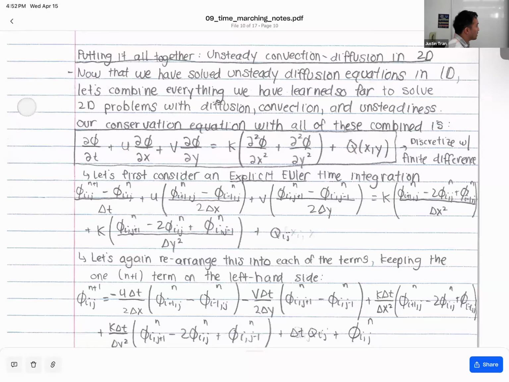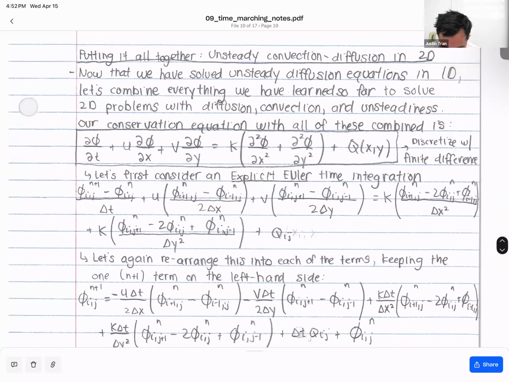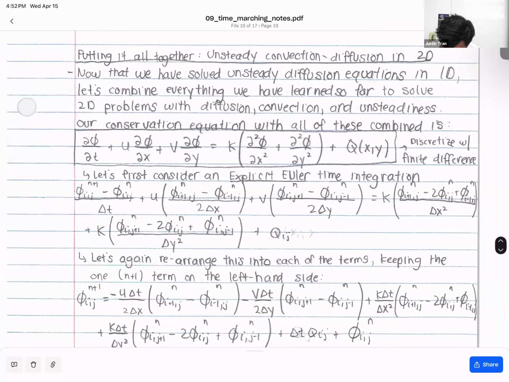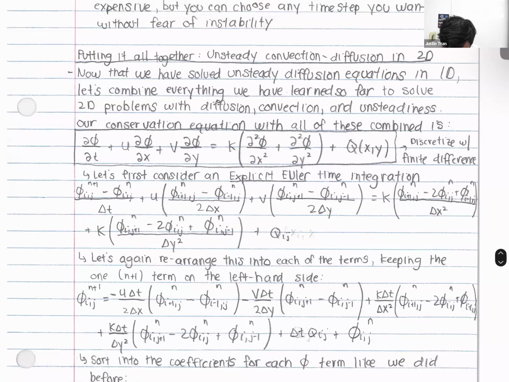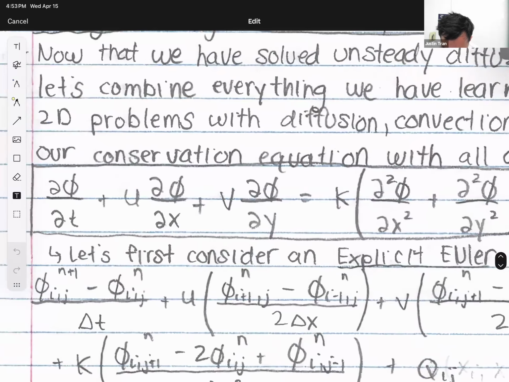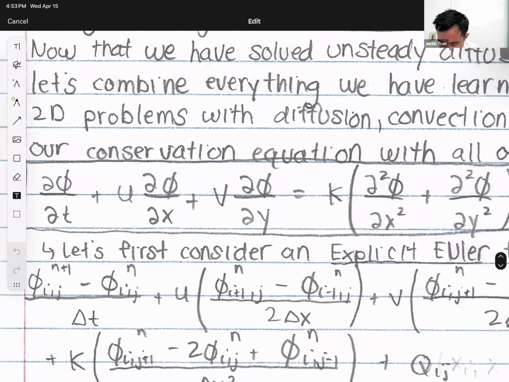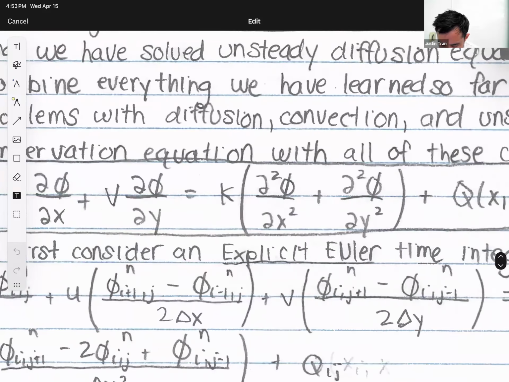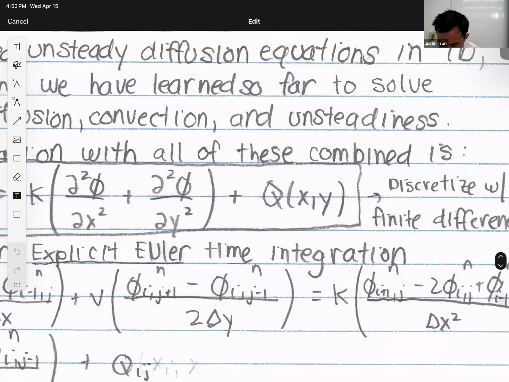So we're basically taking our explicit Euler method and applying it to 2D convection diffusion. So this is where we started. We started with an equation: partial phi partial t plus the convection terms, plus the diffusion terms, plus the source.